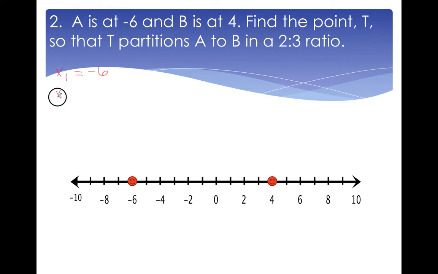We know that our x2 is equal to 4. We know that our A is equal to 2. And we know that our B is equal to 3. So pause the video for a moment and see if you can get the answer.